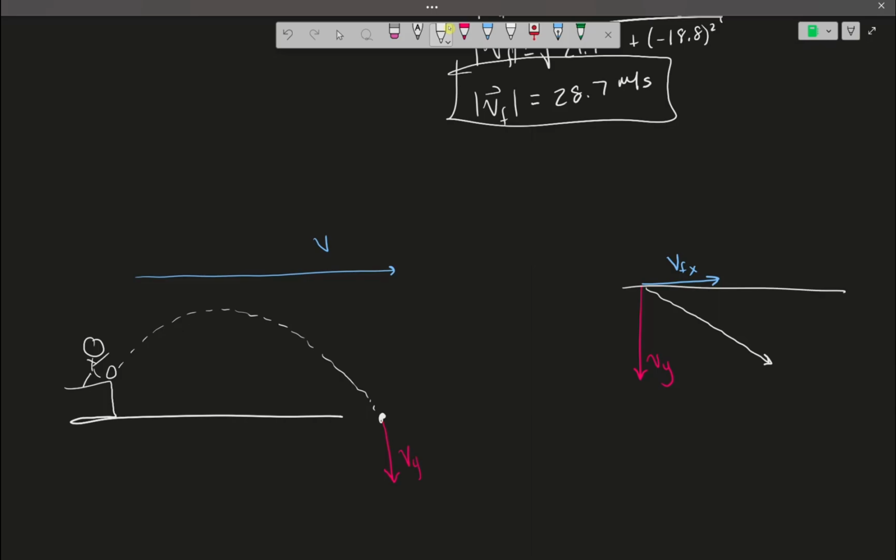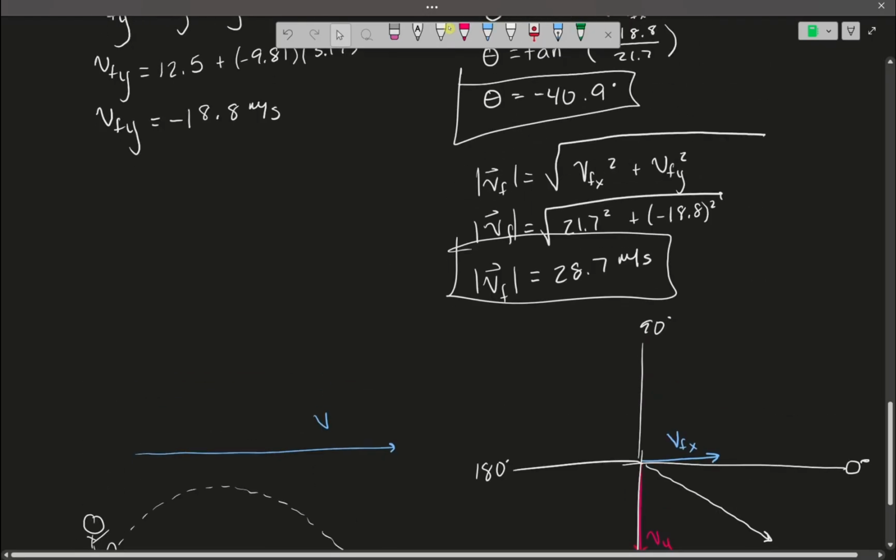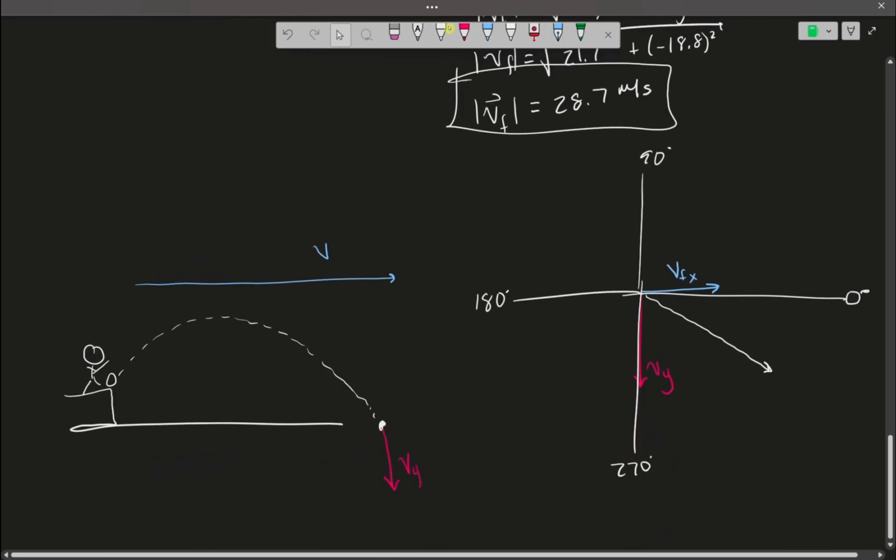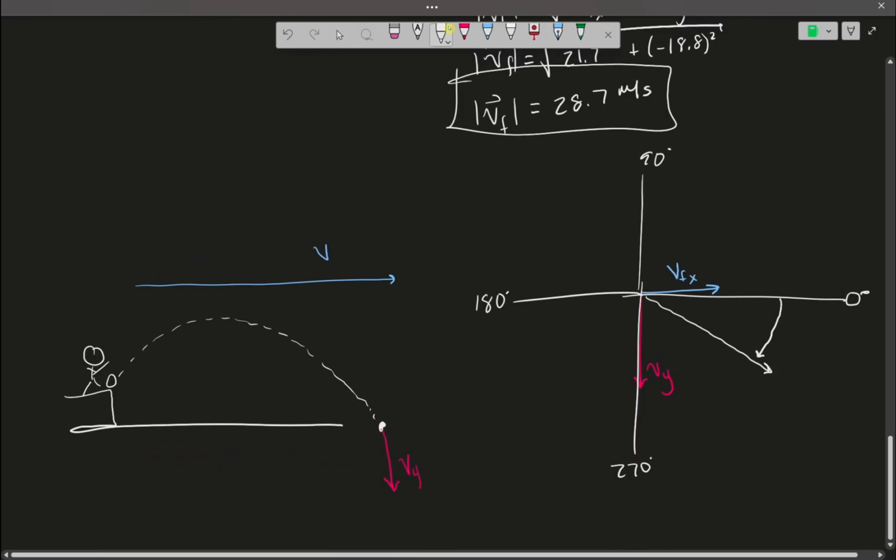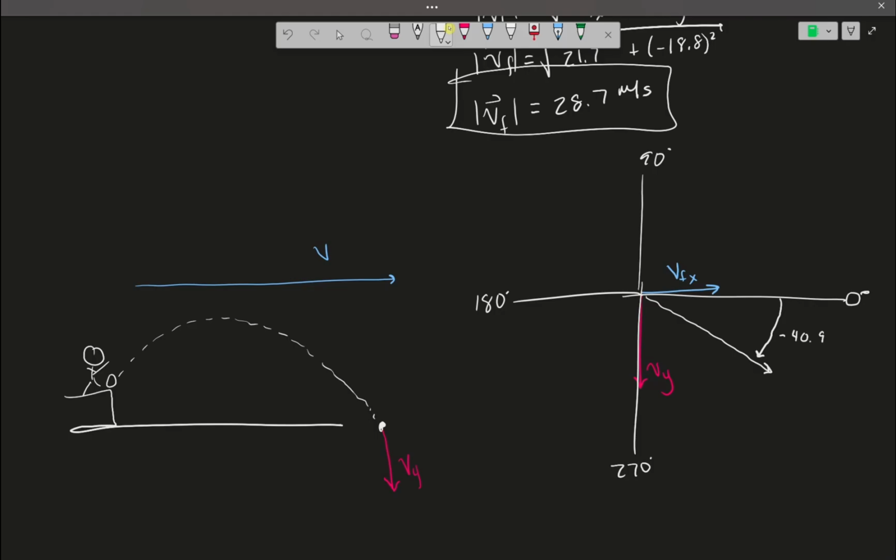Now if I draw, right, 0 degrees, 270, 180, 90 degrees, and I have an angle of negative 40.9, I would be moving down from the 0. This would be negative 40.9. This makes sense. This is a logical solution.